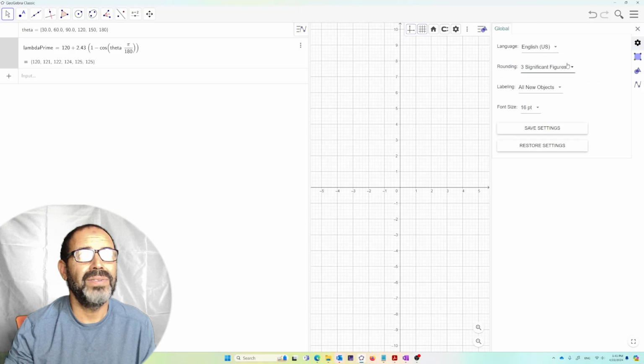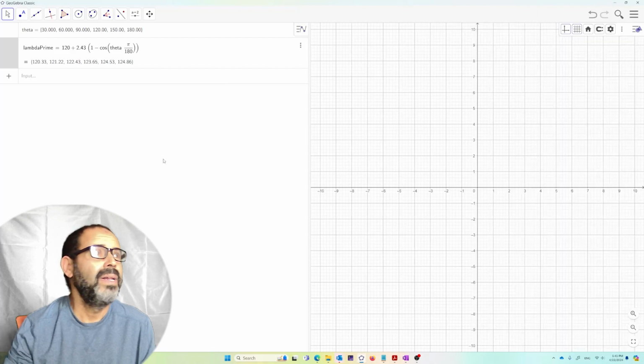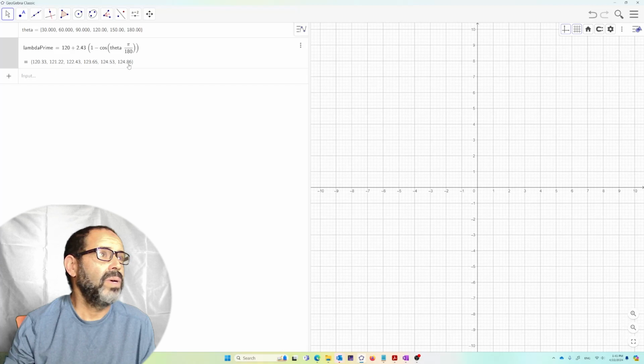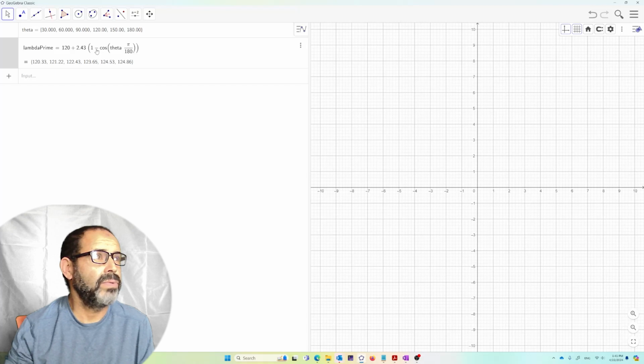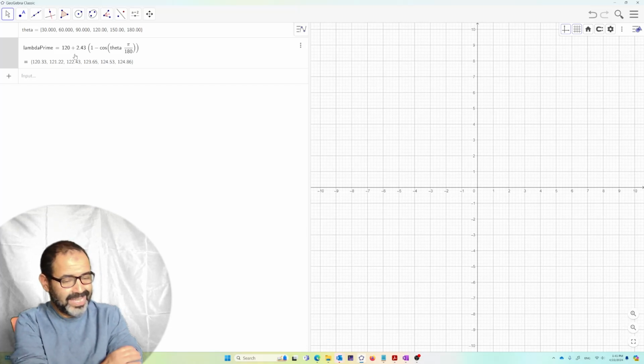The last 2 values are actually getting me the same value in here. Okay, so that's better now. Anyway, the highest energy should be for theta equals 180 degrees, because you will have cosine of pi, and cosine of pi is negative 1, so I have 1 minus minus 1. So the highest incremental wavelength is that much.